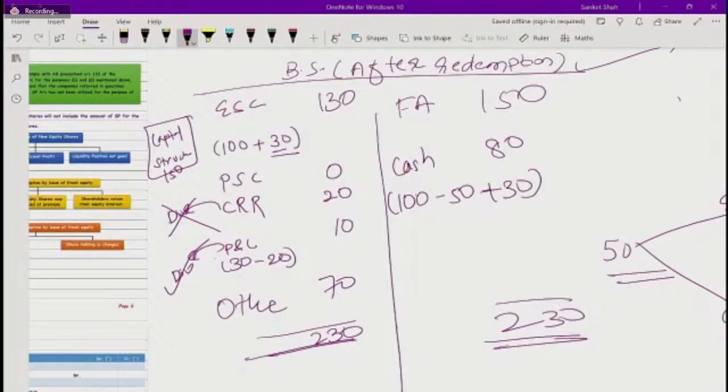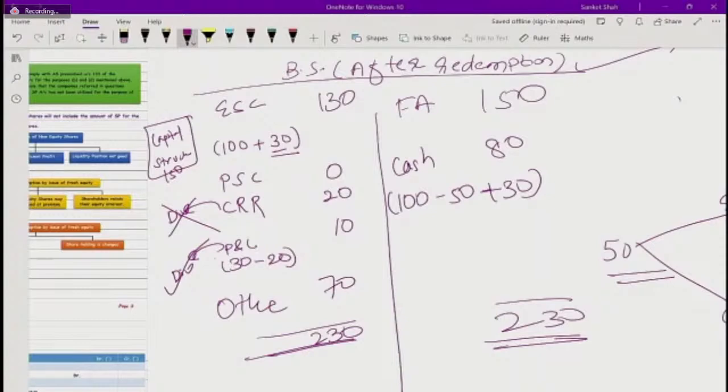So this is the correct balance sheet after redemption. Over 4. Beta, equity is 30 and CRR is 20.